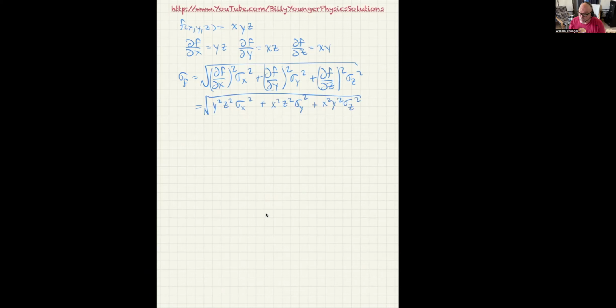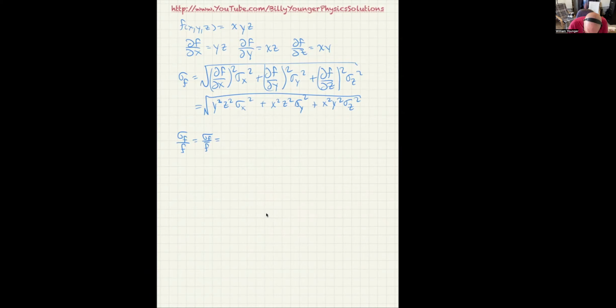But again, if we use our trick, if we calculate the fractional uncertainty instead of the uncertainty, nice cancellations occur. So the fractional uncertainty, sigma f over f, is just the uncertainty in f divided by the expectation value of f. Well, the expectation value of f is just the formula x times y times z, where you're substituting the best estimate of x, the best estimate of y, and the best estimate of z.